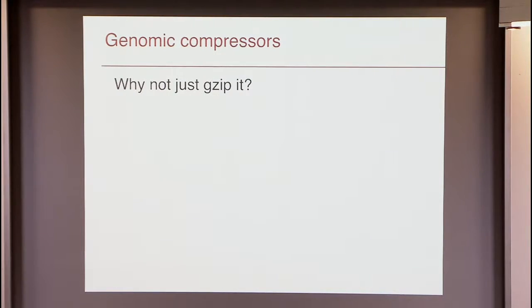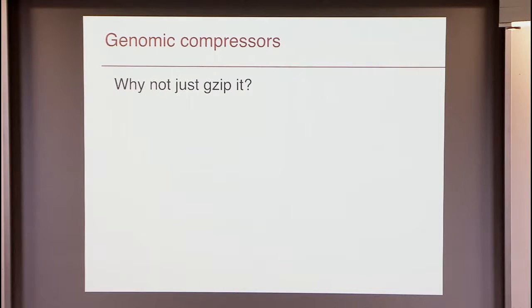BAM files are essentially, so BAM uses a nice little library called BGZF. It's a blocked gzip, and that solves the random access problem. We can now seek to some location within our big compressed file and only uncompress a small part of it.